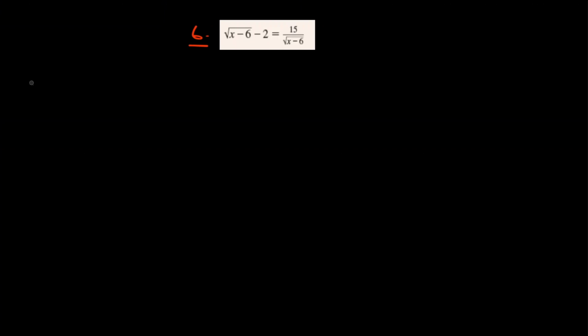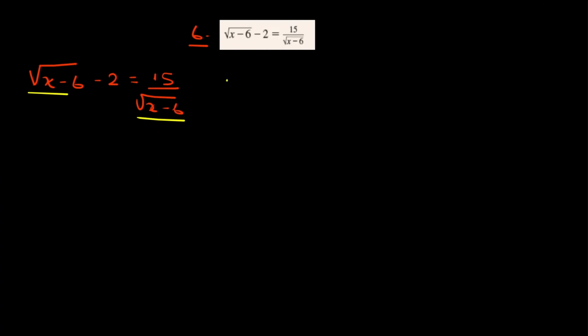So if we're given that the square root of x minus 6, minus 2, is equal to 15, all divided by the square root of x minus 6. When you're given such a question, the key giveaway of what you need to do is that when you're given two identical expressions or variables, always label them as something else, so as not to have a headache here.